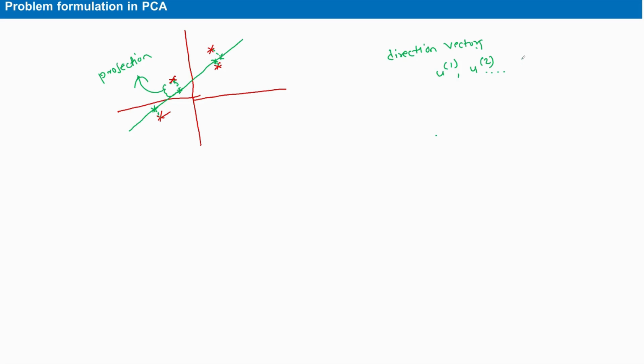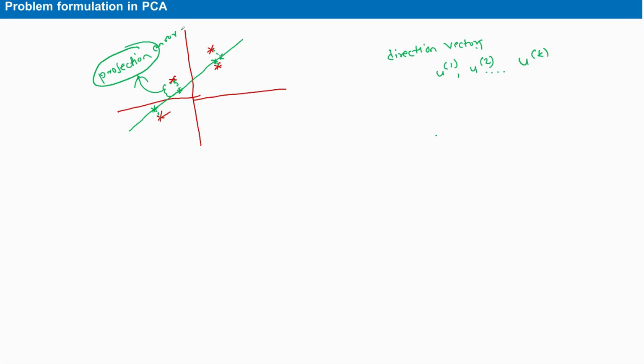It will try to find such k vectors, and with these vectors it will create a line or plane, and project the actual data points onto that plane. These direction vectors need to be such that the projection error is minimum. That is the objective of PCA.